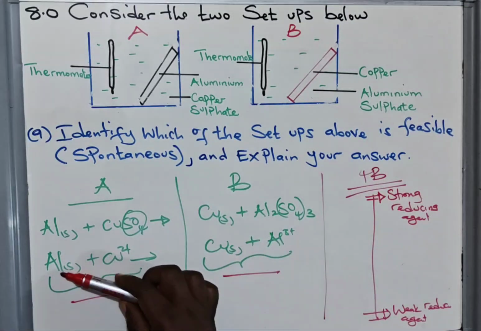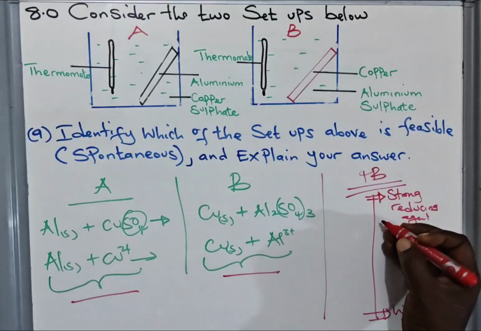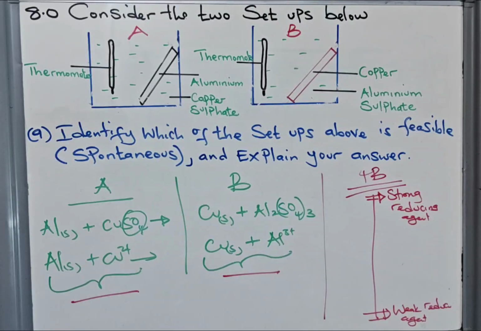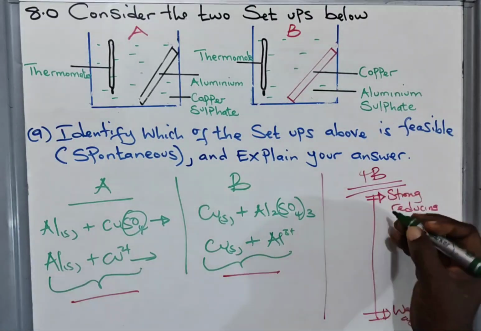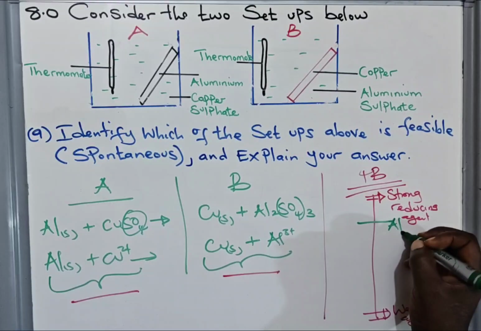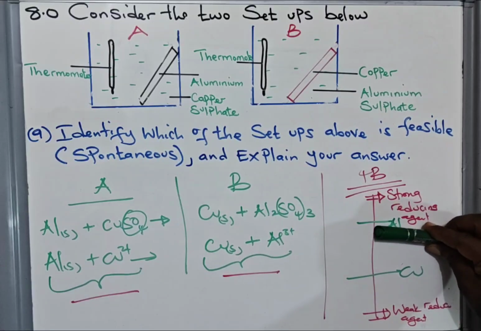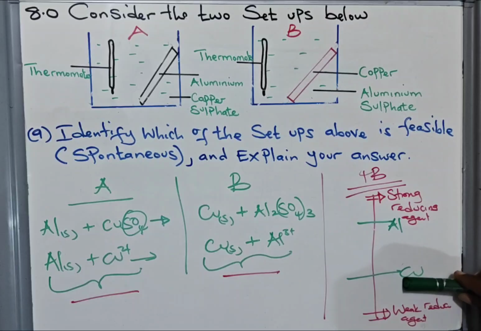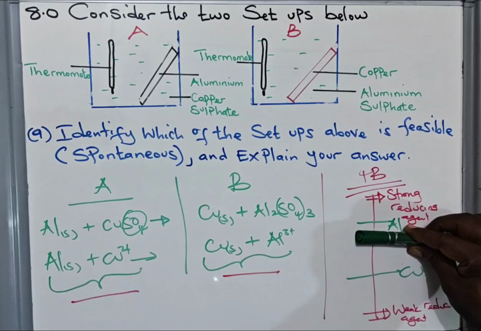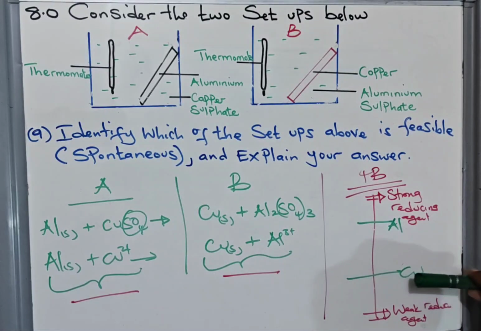We are looking at two elements in comparison. Which one comes first? The element which comes first is aluminium. Copper comes later. So the element at the top is a stronger reducing agent, so it reduces this one. In reducing this one, aluminium undergoes oxidation, and this one becomes reduced.